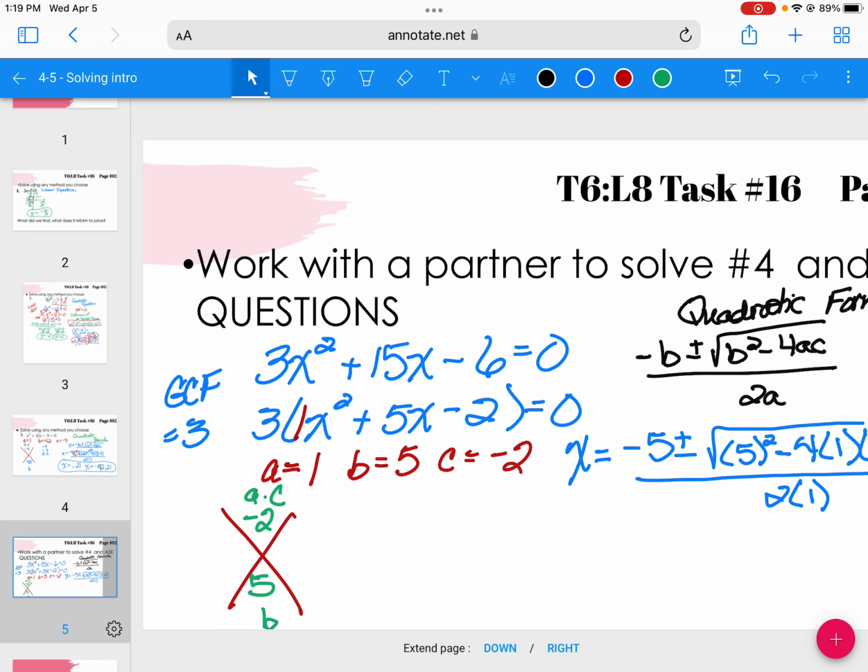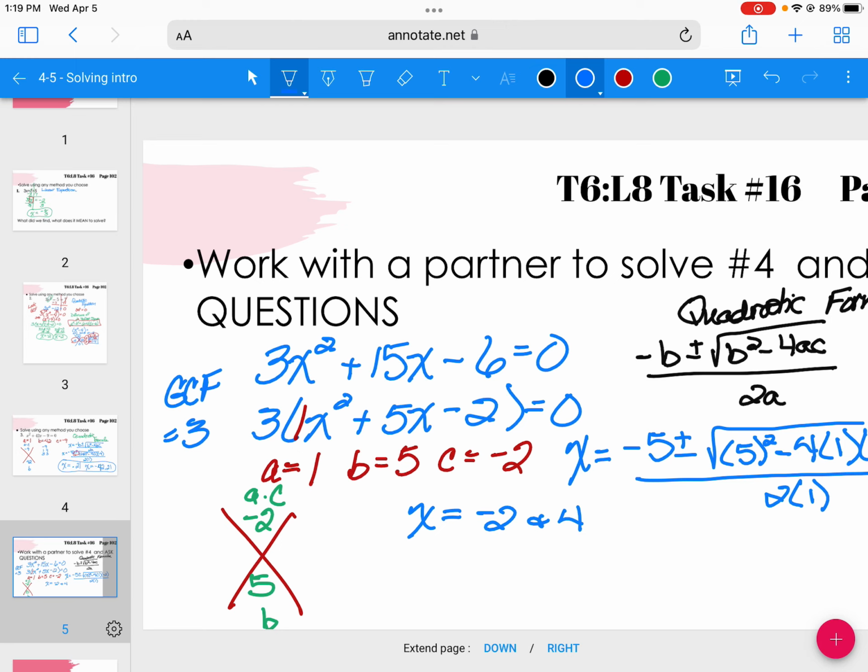All right, does anybody want to offer up one of their answers? -2 and +4? Okay. Anybody else get -2 and +4? I did not get those either. -2, +4.